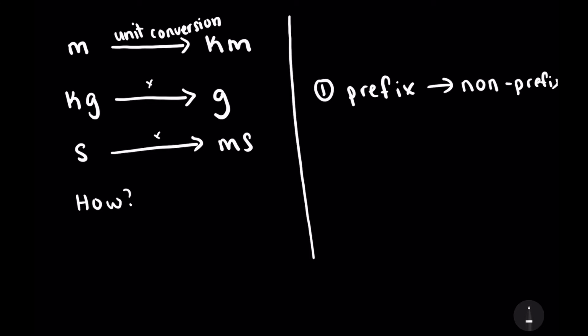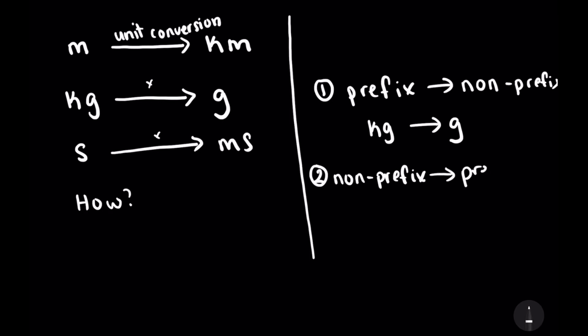An example of that would be a kilogram to a gram. Or the second case, where we go from a non-prefix to a prefix, and in that case, that would be like a meter to a kilometer, right?